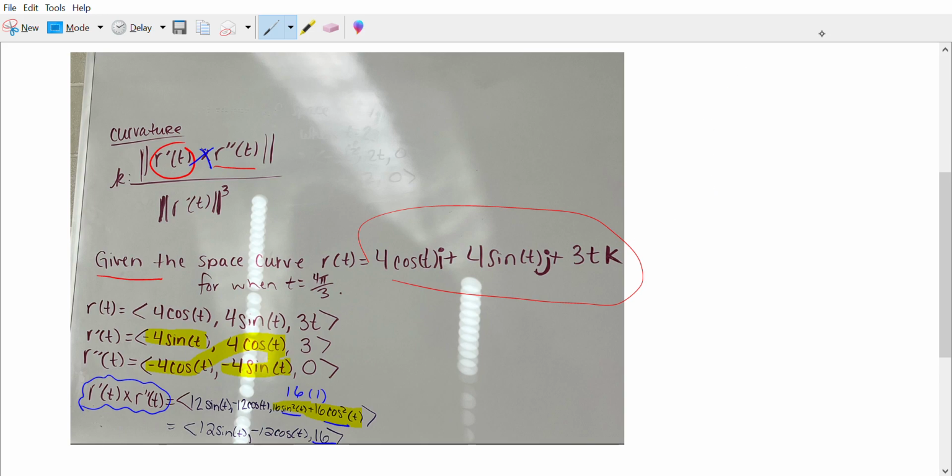Now what we want to do is find the magnitude to finish the numerator.